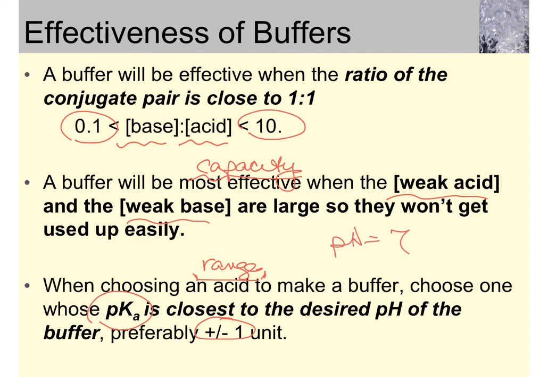That would mean that in order to do that effectively, I would need to pick a weak acid whose pKa was 7 plus or minus 1. So anywhere from 6 to 8, a pKa of 6 to 8, would create a buffer system that would be able to control the pH at around 7.